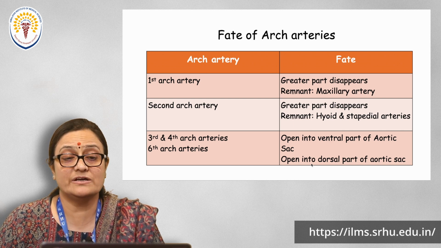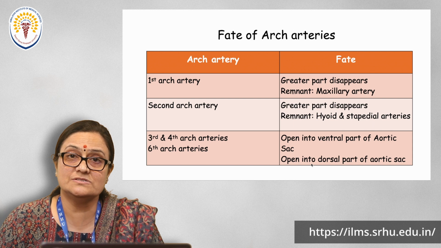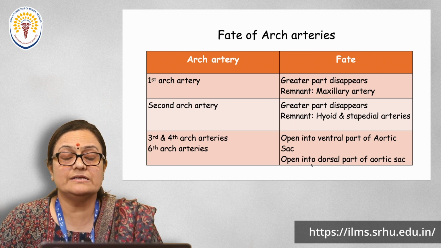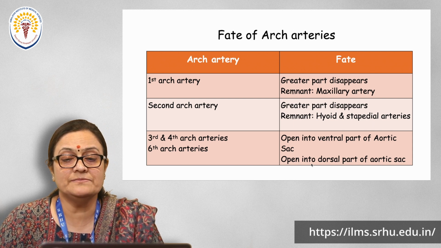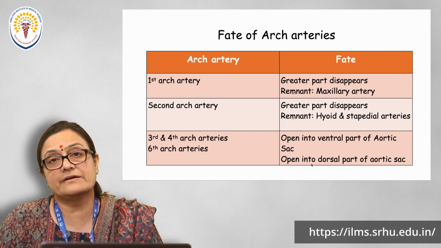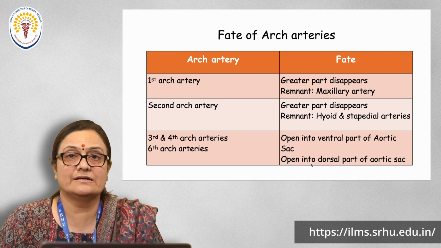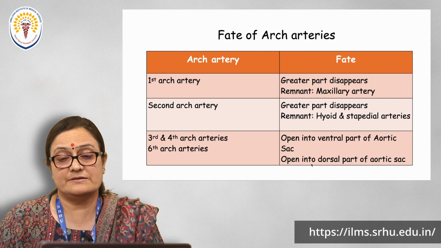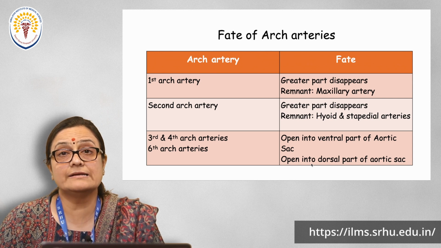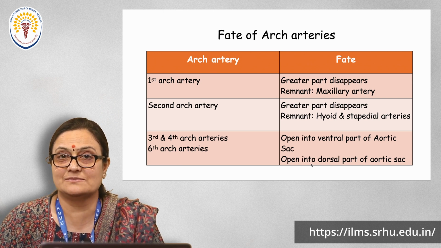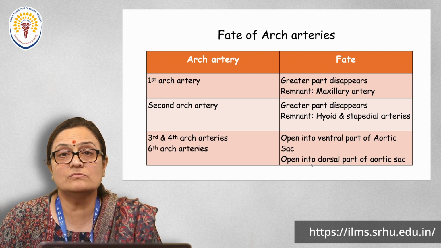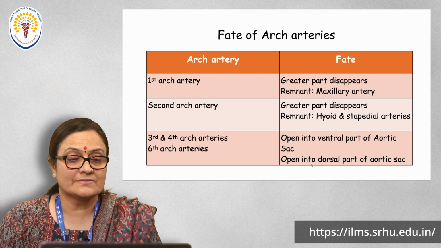But that is not the fact, you have read it, but where? In embryology. So hyoid artery is the remnant of second arch artery, and stapedial arteries are remnants again of the second arch artery. So remember these arteries which we read about rarely, but they become important questions, because we also want to understand how much you are correlating things.